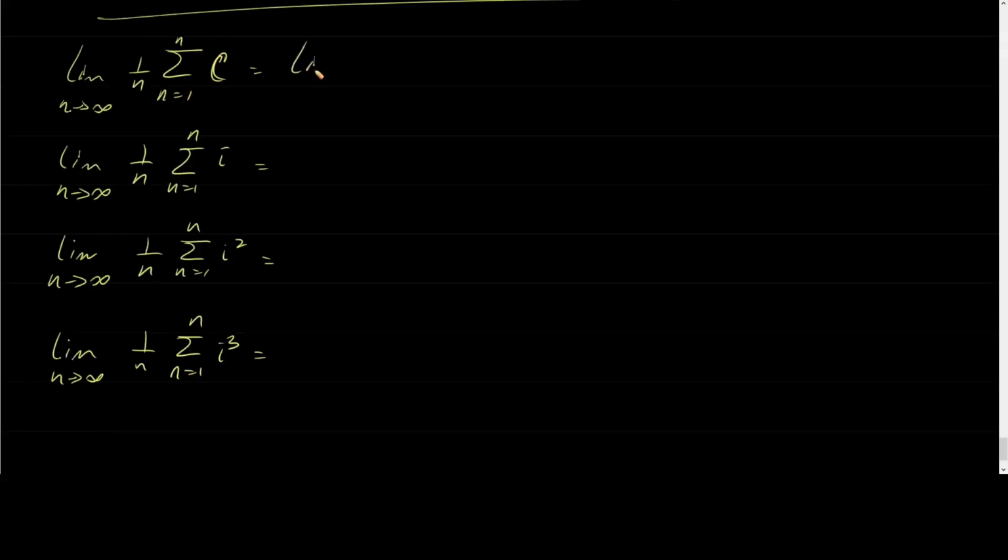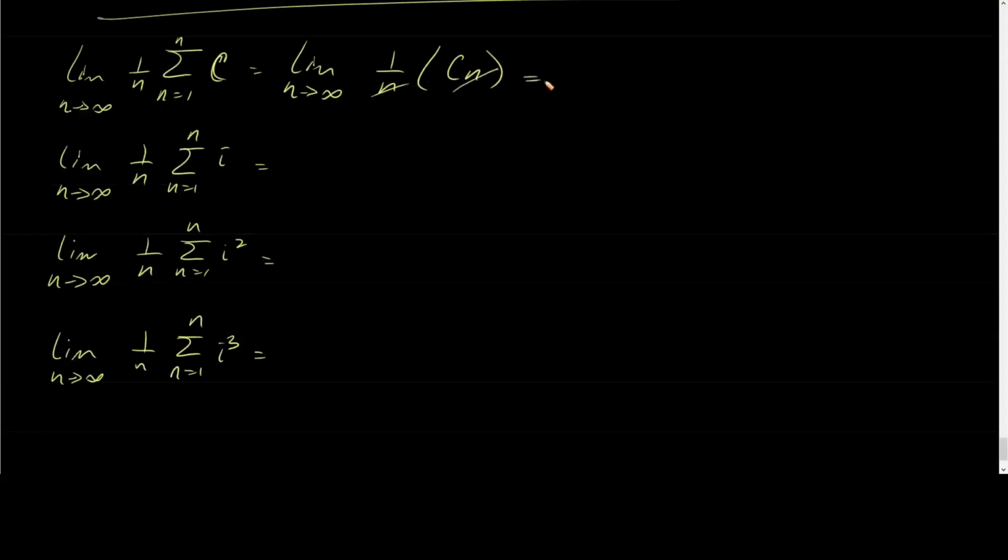So in here, I end up with the limit as n goes to infinity of 1 over n times Cn. Here, these n's cancel out, so I end up with just C. Next one, I end up with the limit as n goes to infinity of 1 over n times the summation of i. The summation of i was n times n plus 1 over 2, right?